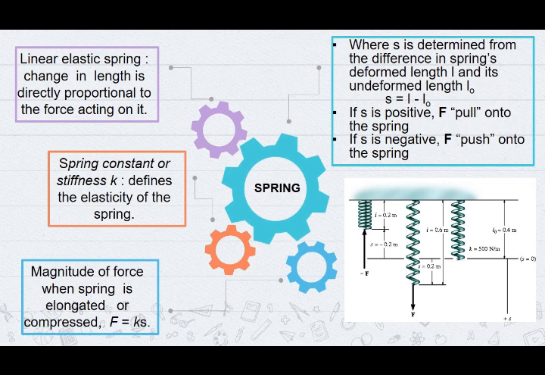Spring constant or stiffness k defines the elasticity of the spring. Magnitude of force when the spring is elongated or compressed: F equals k s, where s is determined from the difference between the spring's deformed length l and its undeformed length l naught. s equals l minus l naught. If s is positive, F pulls on the spring. If s is negative, F pushes on the spring.